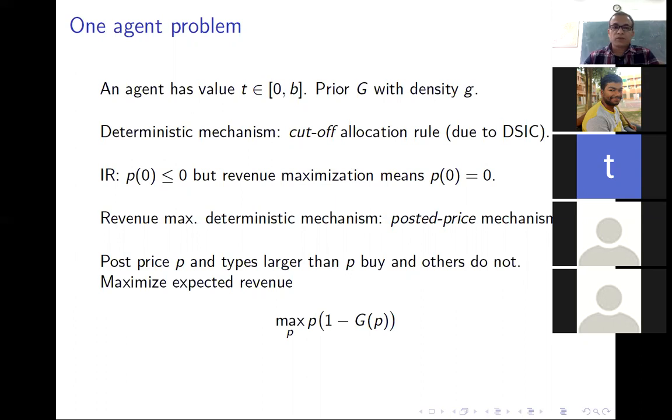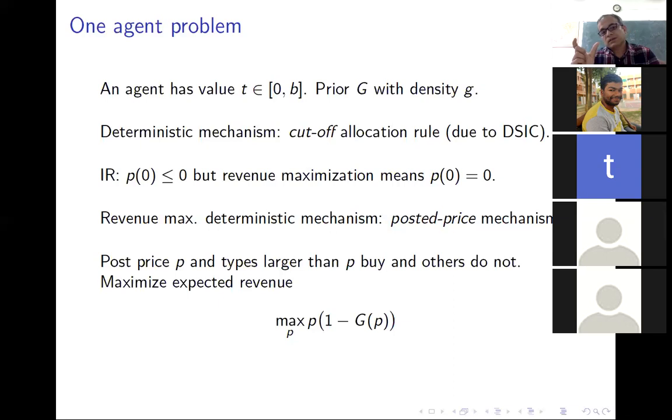Okay, and of course, we know that IR means that P0 has to be less than equal to 0. But because we are maximizing revenue, you can basically see that P0 has to be equal to 0. Why? If P0 is less than 0, then essentially the seller is going to lose revenue. Okay. So revenue maximization and IR would mean that P0 is equal to 0.